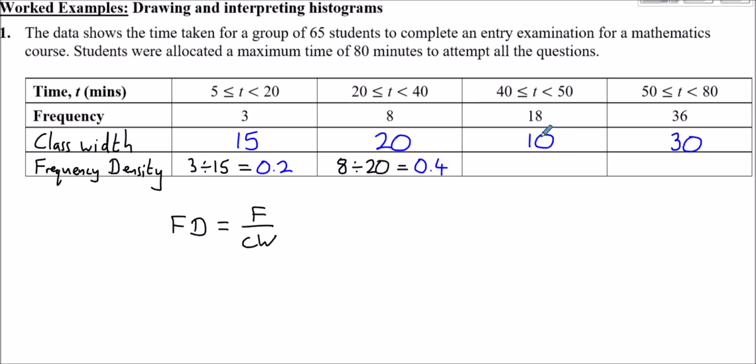The next frequency density is going to be 18 divided by 10. 18 divided by 10 gives us a density of 1.8. So that's going to be the highest bar. And the final one, 36 divided by 30, that's going to give us a frequency density, a height of the bar of 1.2.